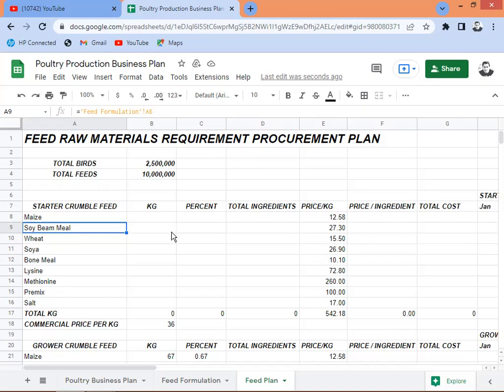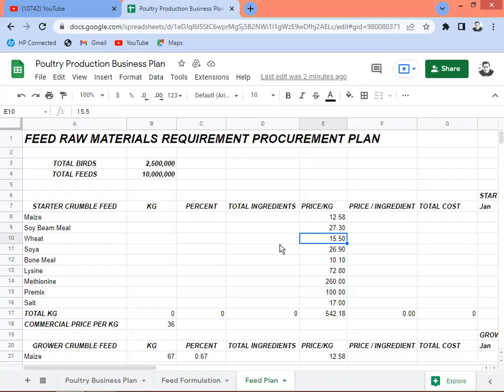Okay. So also at the same time, the price per kilogram is not fixed. I'm just using these prices which I got from the current prices on the internet or from Google. So you can also have your own prices depending on the location where you are, or your business location, or the region, whether you're from the West, or from Asia or Southeast Asia. So prices could be different.